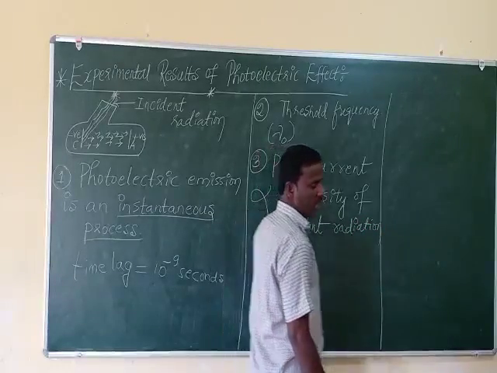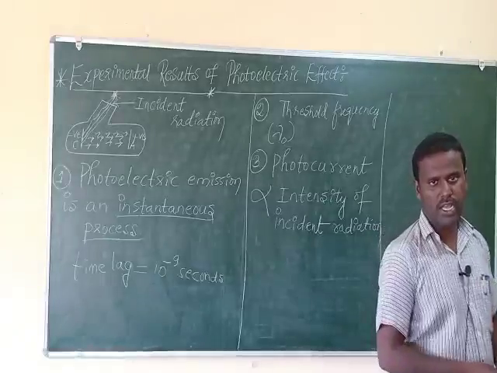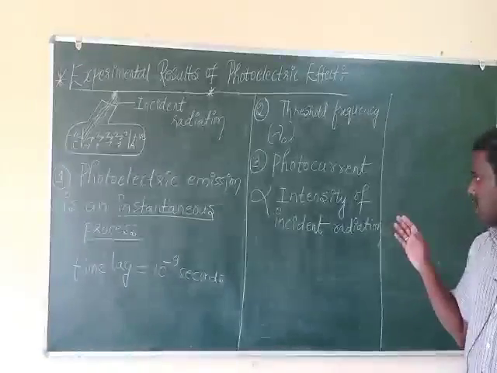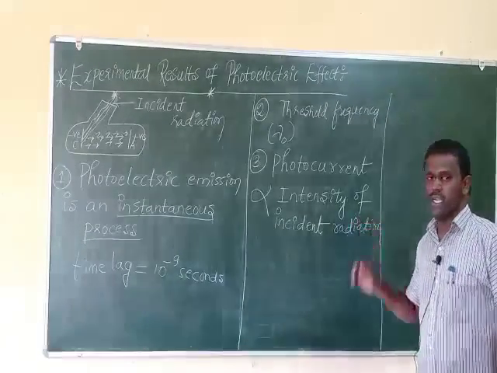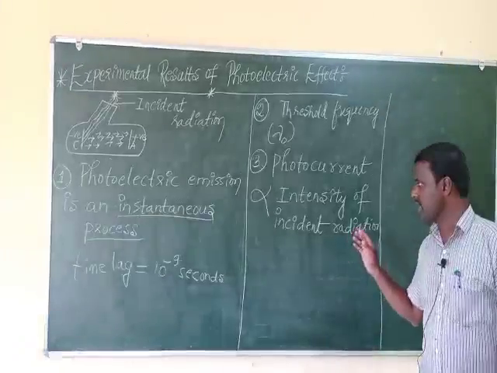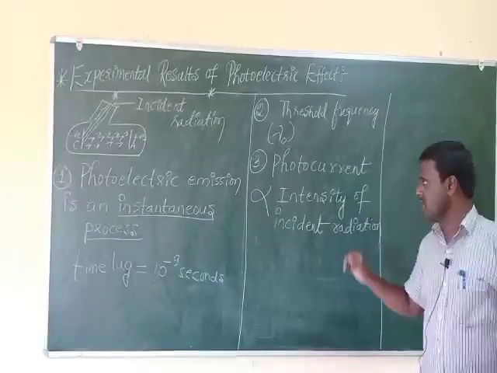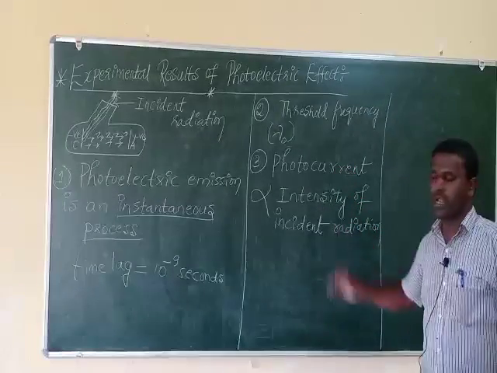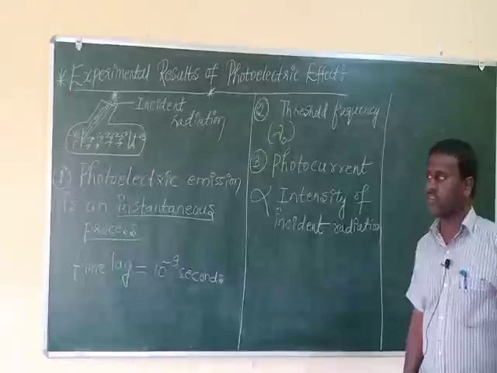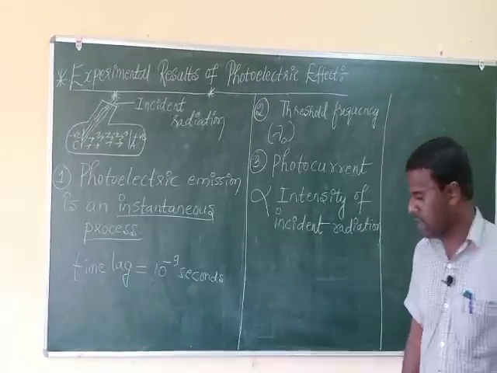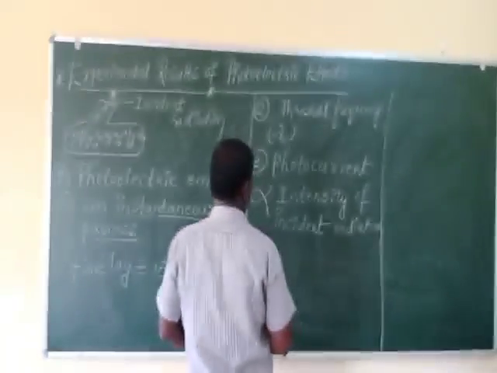So here the photoelectric current is directly proportional to intensity of the incident radiation. If the intensity is minimum, photoelectric current is minimum. If the intensity is maximum, photoelectric current is maximum. This is the third experimental result of photoelectric effect.